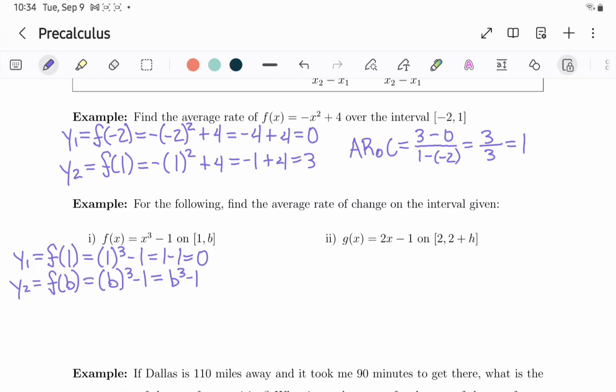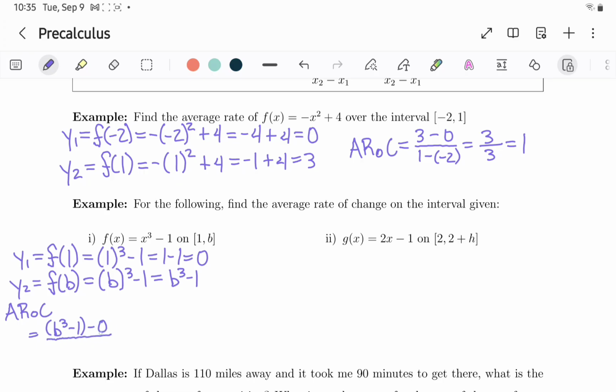All right. So now we have everything we need to plug it into the average rate of change formula. So AROC is going to be equal to b cubed minus 1 in parentheses for our y sub 2 up in the numerator, and then minus 0 for our y sub 1.